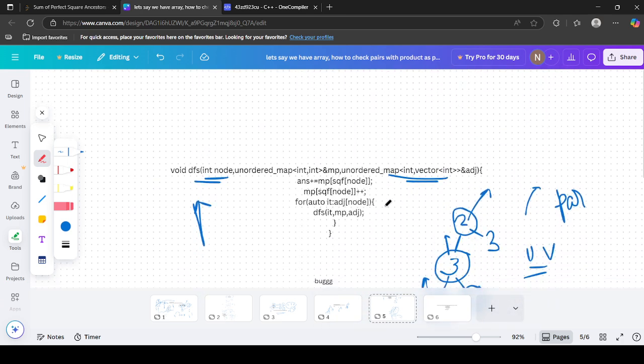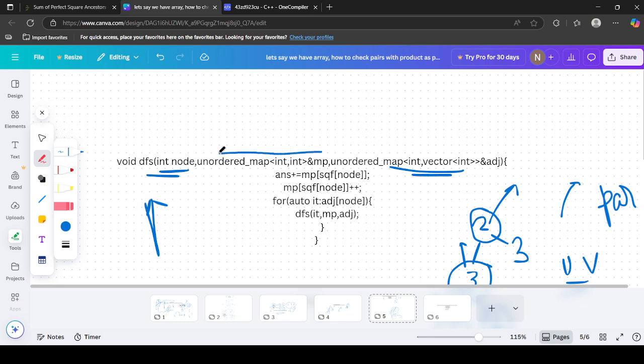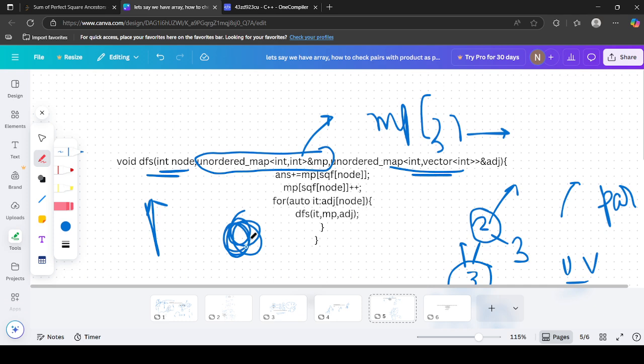So without storing the map, how can we get the answer? We need another hash map, which says that for some square free value, it is the number of nodes with that square free value. And now when we reach a node, what is the number of ancestors with the same square free value? It is simply map of square free of node. This is the number of ancestors, because we did not add this node to the map yet.